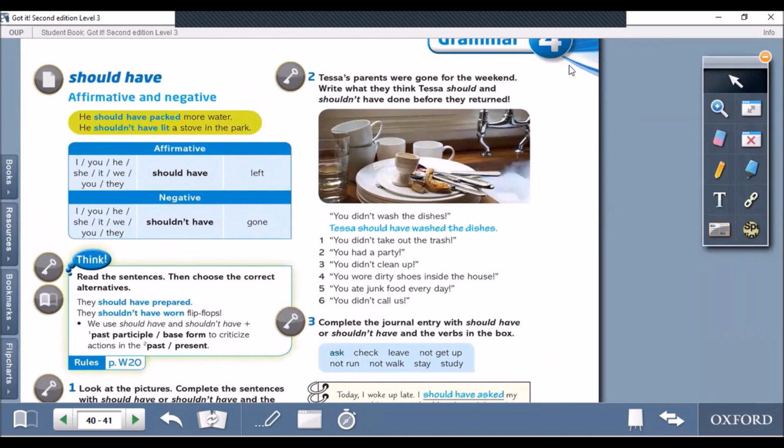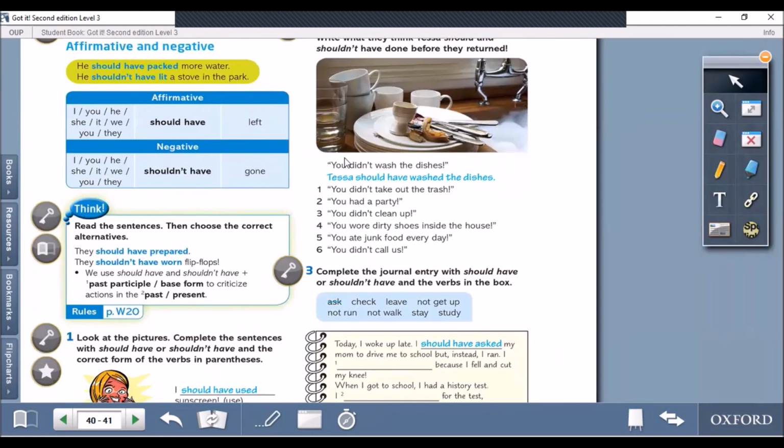Look at this image. Tessa's parents were gone for the weekend. Write what they think Tessa should and shouldn't have done before they returned. So, if you look at these sentences, these are things that Tessa's parents said to Tessa. For example, they said, "You didn't wash the dishes." So, you have to transform this sentence into a sentence with should have.